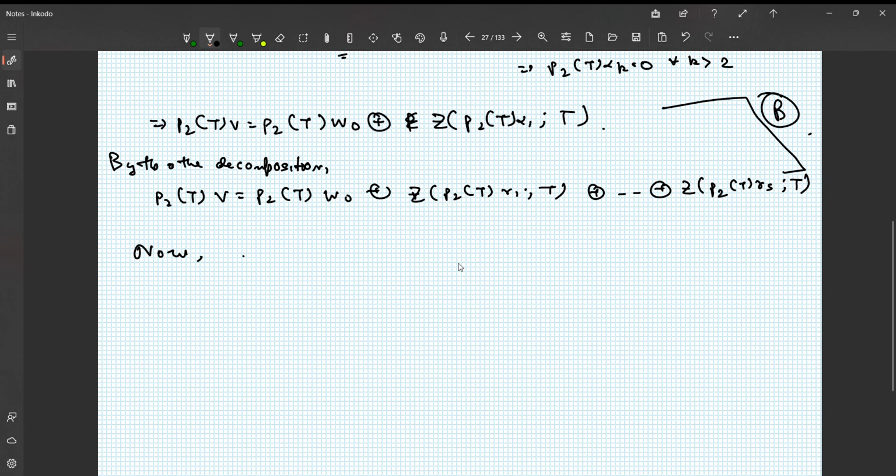Now, obviously, what does this imply? Observe that P1 is equal to G1, that is, alpha 1 and gamma 1 have the same T-annihilators.